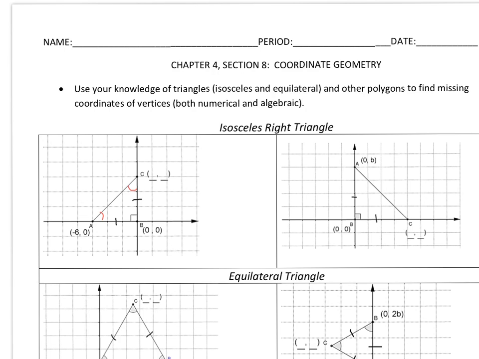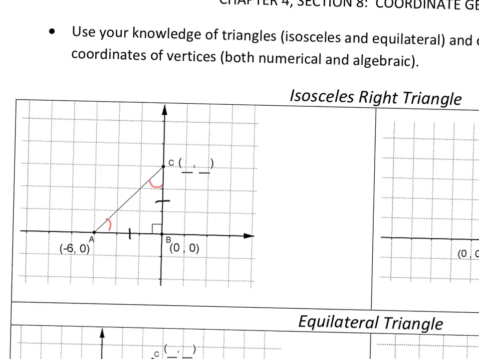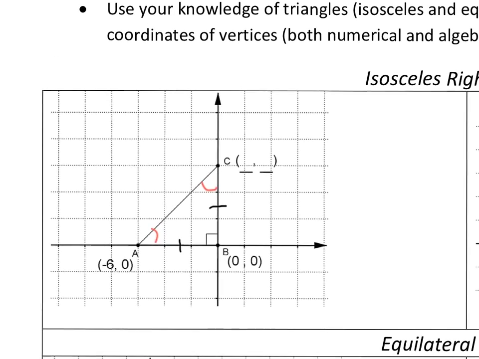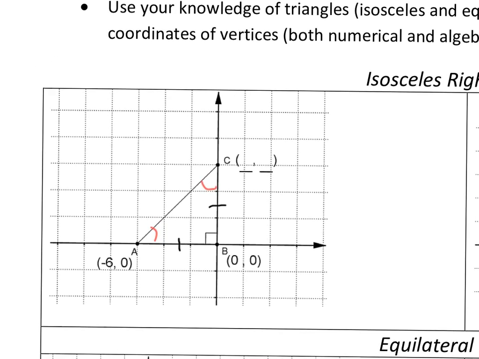Okay, so let's zoom in here on this diagram. So far I know that my vertex B is located at the origin, right here.